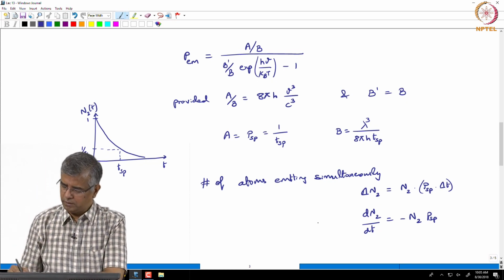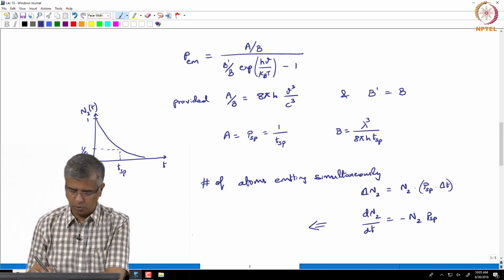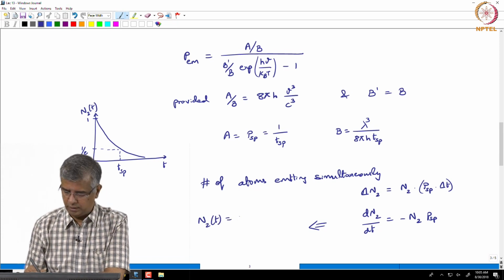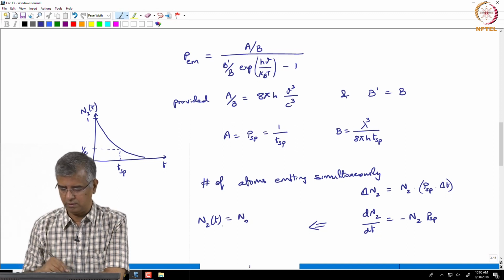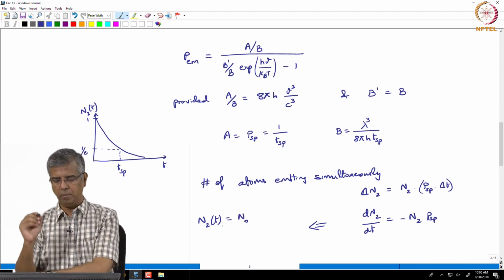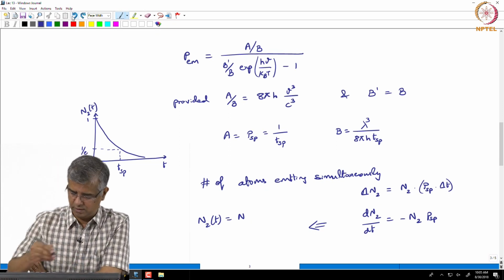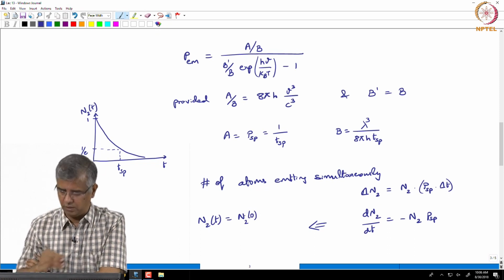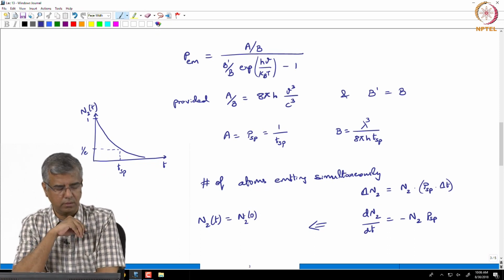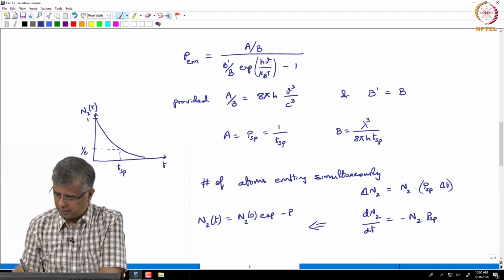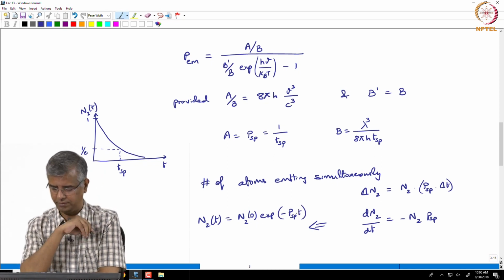So, this would essentially provide a solution which is given by N2 of t equals N2 of 0, whatever was the population at time equal to 0, multiplied by exponential of minus PSP multiplied by t, right.